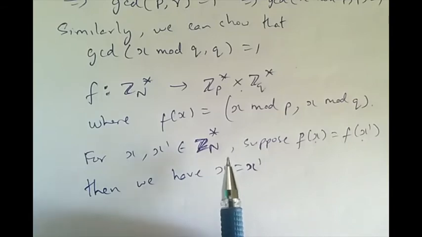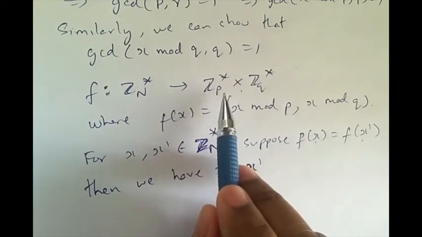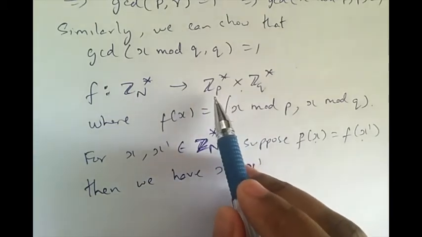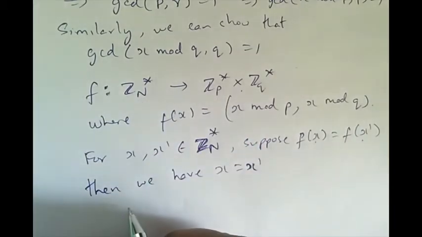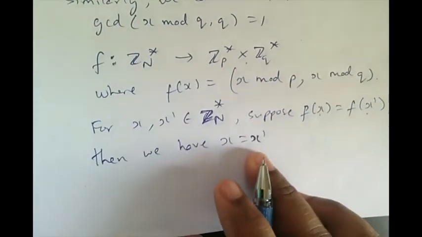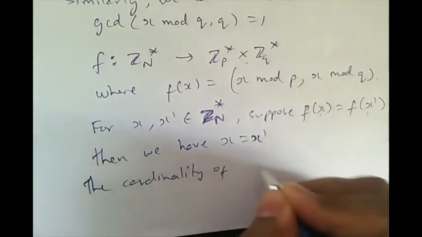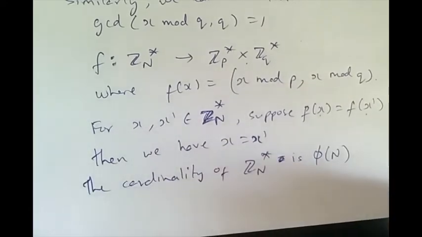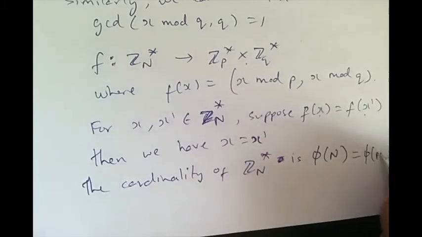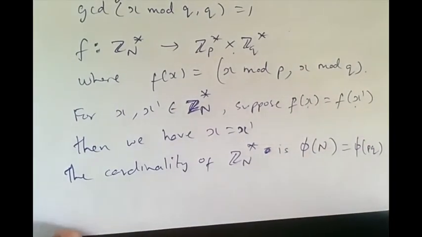But is it onto? So now let's look at the codomain here. What is the cardinality of the codomain? What is the cardinality of the domain? So the cardinality of the domain is phi of n, where phi is the Euler phi function, which is phi of pq, because here n is equal to pq, where p and q are relatively prime.